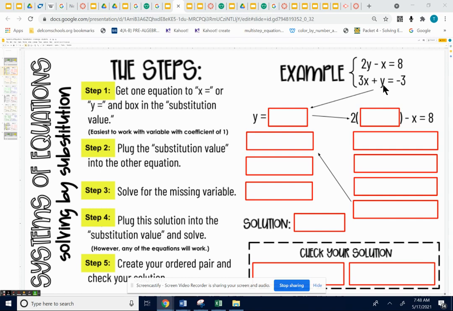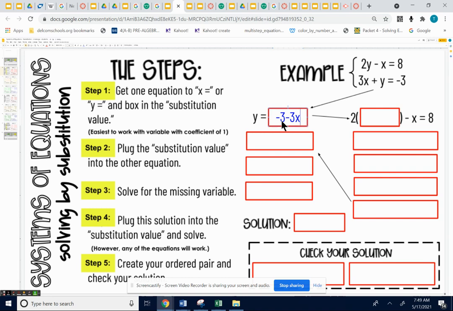To solve for y, I just subtract 3x from both sides. On the right, I won't have like terms, so I cannot combine them. I'm just going to have y equals negative 3 minus 3x. So I solved the bottom equation for y.